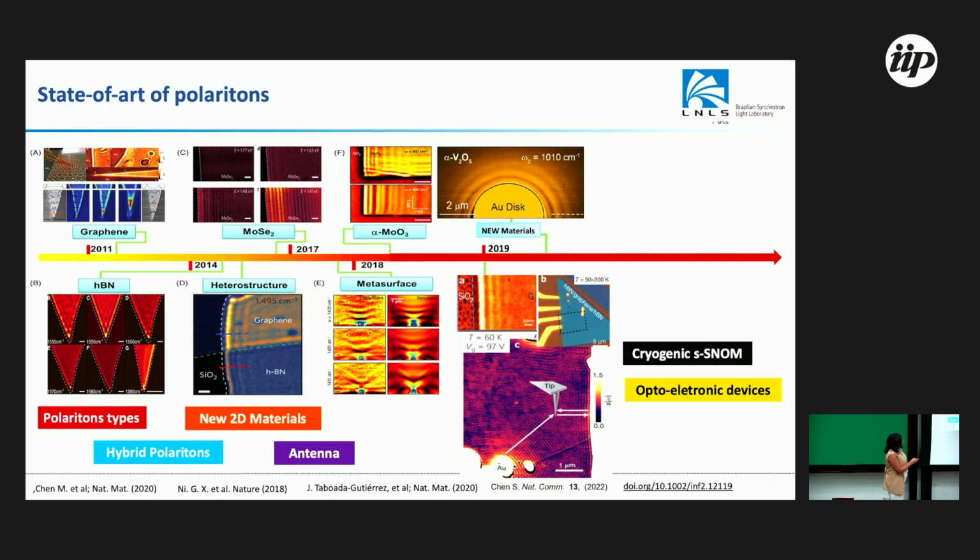And here is the same graphene, the same sample at low temperature in a device. We can see no more than 4 oscillations here, and here we can see the propagation for many microns. So it means that we can reduce the loss of these quasi-particles, and we can make some optoelectronic devices. This is the idea.